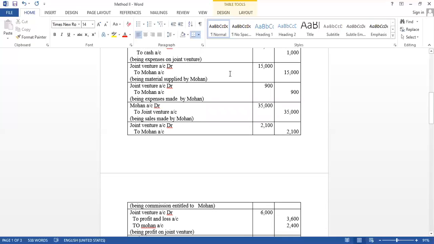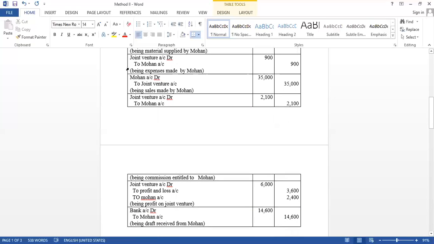Mohan contributed 15,000 worth of goods, so joint venture account debit to Mohan. He contributed 900 for goods in transit expenses: joint venture account debit to Mohan.